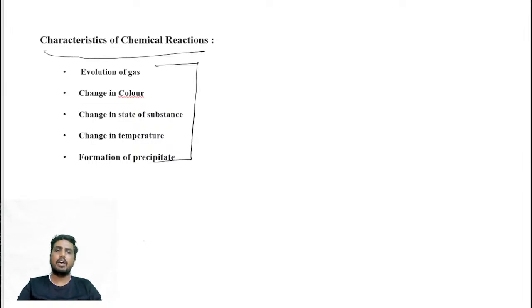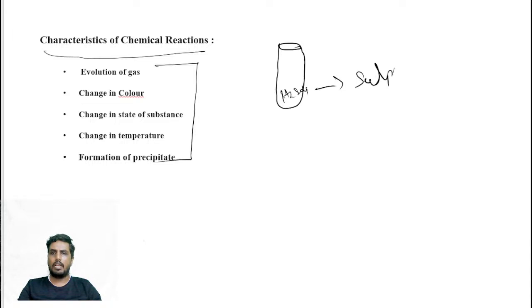Evolution of gas is when two substances, two molecules or components, react with each other. For example, take one test tube and add H2SO4. What is H2SO4? H2SO4 is sulfuric acid. When you add sulfuric acid in a test tube, add some Zn. What is Zn?